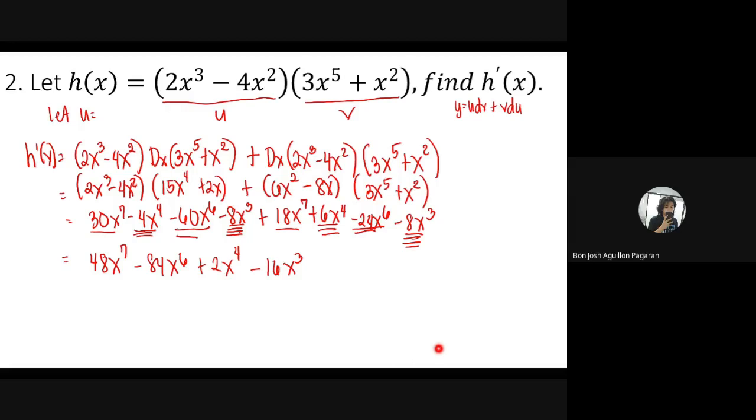Positive po yung 4x raised to 4. Kasi, bakit? Kasi po positive po yung 2x cubed. Sabi na ito na mali eh. 2x cubed. So, dapat ito ay magiging 10.